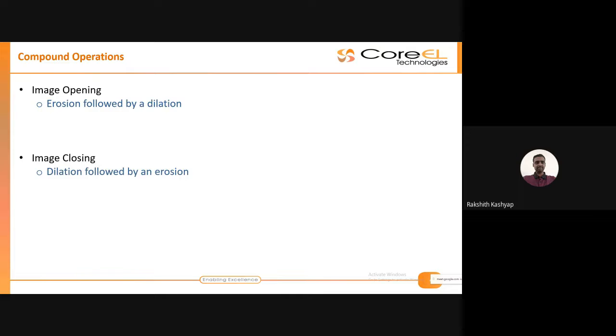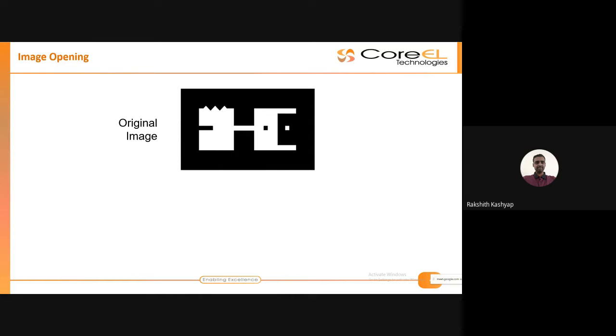As simple as that. Now again, let us take a small example to understand where these kinds of image opening and closing operations can be helpful for us. I have an image, as you can see on the screen. This is the binary image I have here.